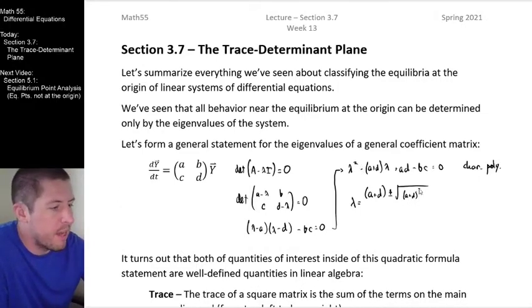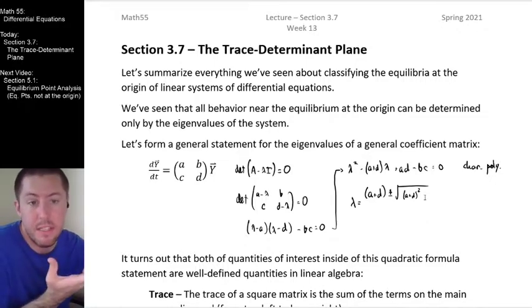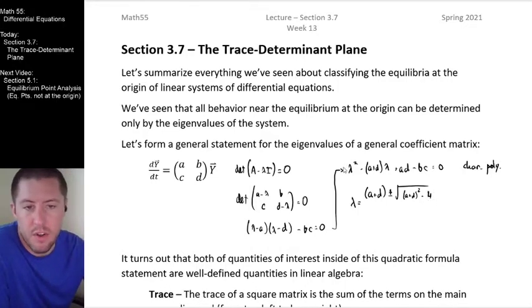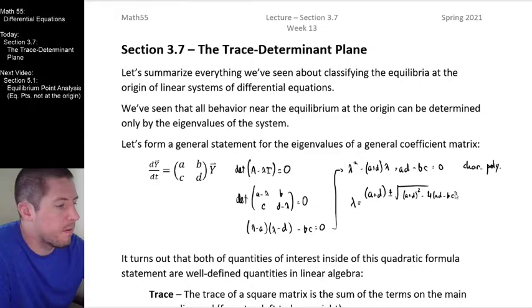So I'm just going to call that positive (a plus d) squared. Squaring would eliminate that negative, so I don't need to track that. Minus 4. There is no a term for the quadratic a right there, and the c is the ad minus bc here. And that's all divided by 2. So this is our eigenvalues here.